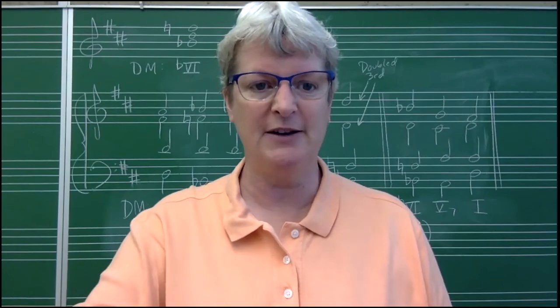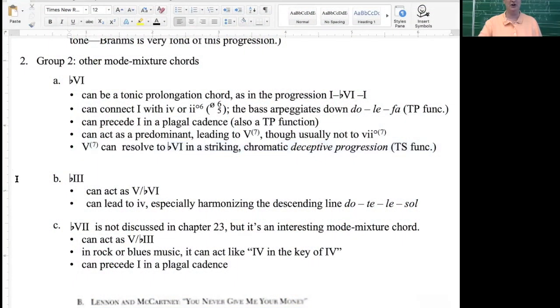Let me go back to my handout, and let me just say a couple of things about the flat 3 chord. The flat 3 chord can act as a 5 of flat 6, so we can have the progression flat 3, flat 6, 2 diminished, 5, 1. Again, once you have 1 mode mixture chord, then you tend to keep mode mixture until the phrase makes its way to the cadence.